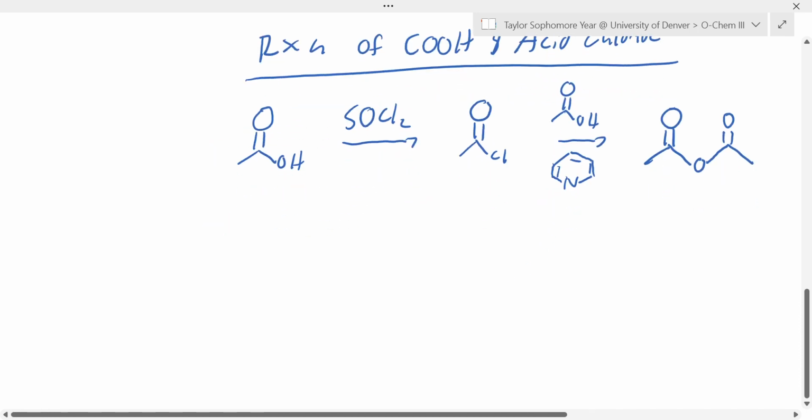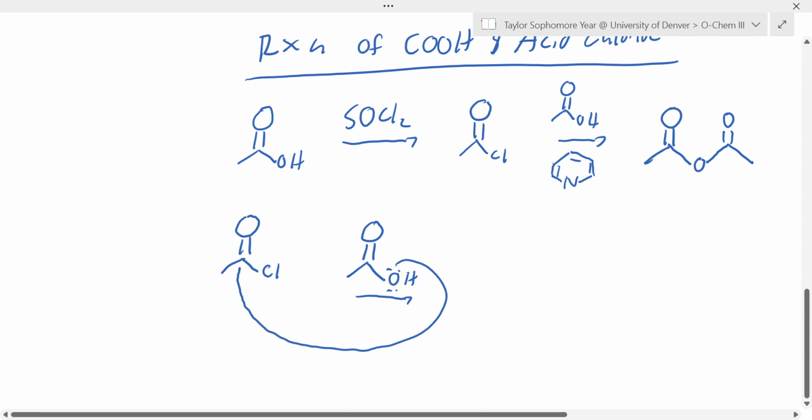So the mechanism for this is, once we have the chloride on it, we'll take our carboxylic acid and put one of the lone pairs to target the carbon atom, bumping off the double bond and putting a pair of electrons onto this oxygen.